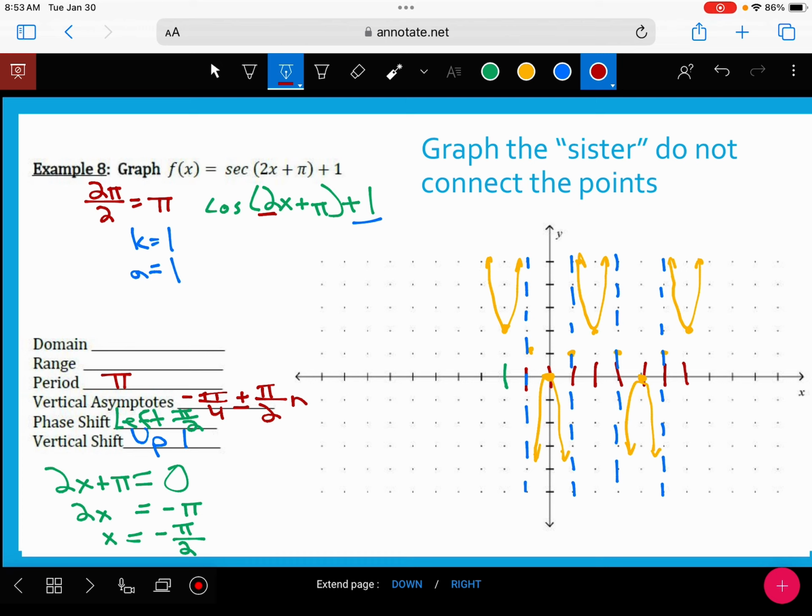From there, our range, similar to the one before, negative infinity to 0, because here these points are now at 0. Square bracket union, square bracket 2 to positive infinity.